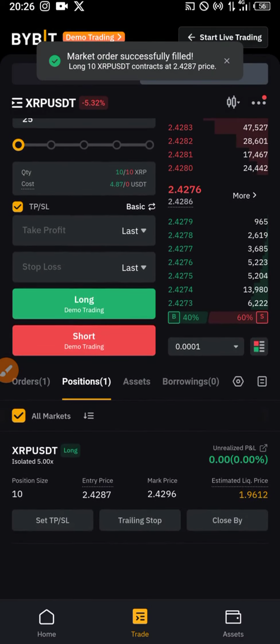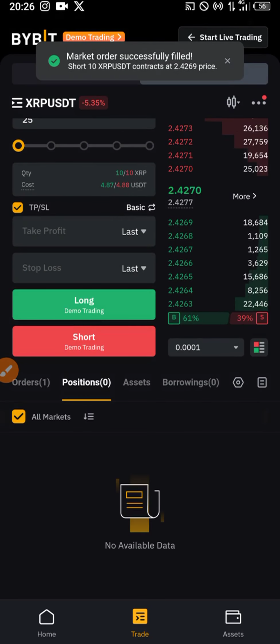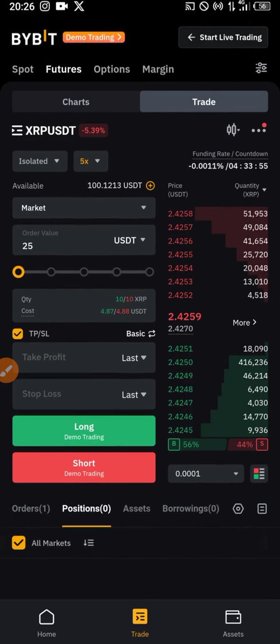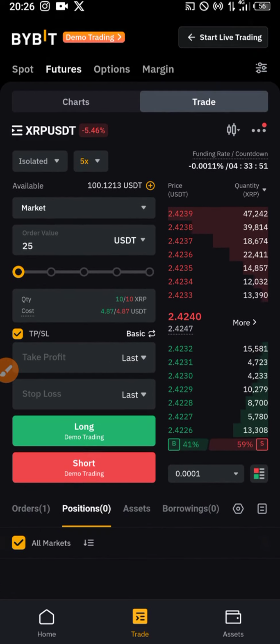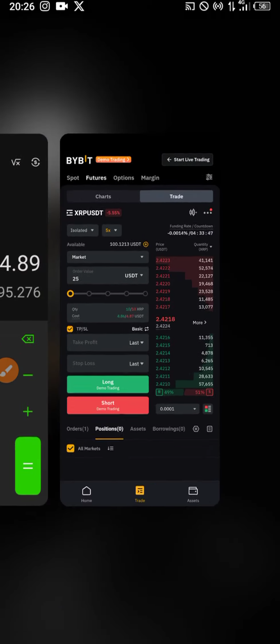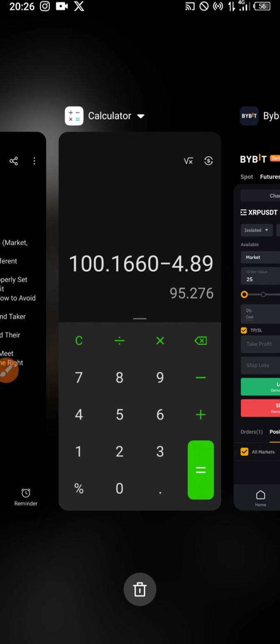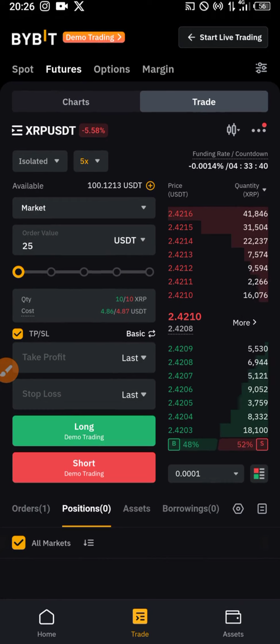Then I close immediately without losing or gaining. When I close the trade, I'm supposed to be left with 100.1160, my initial capital, but I was left with 100.1213.